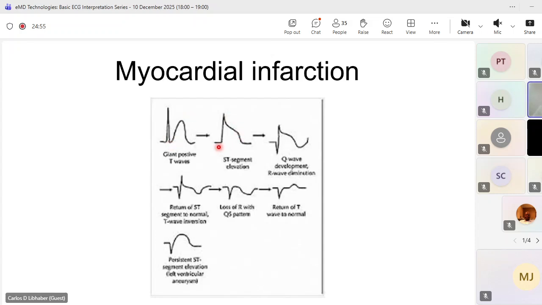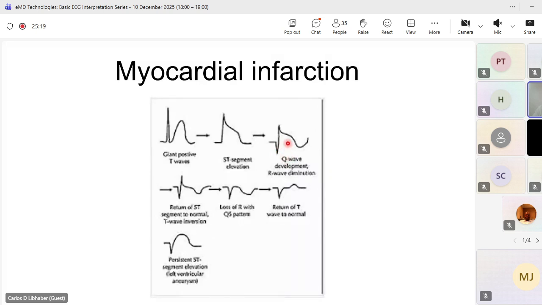And see here, second stage, after minutes, you will see the ST is elevated. It takes a while to go back to the normal line. If you wait a little bit more, the Q waves will appear.